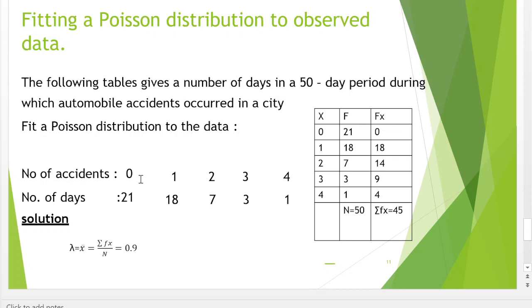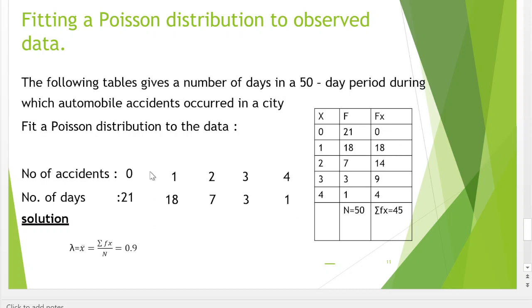Here the number of accidents 0 indicates there are no accidents: 21 days with no accidents in the 50-day period. 1 accident happened in 18 days, 2 accidents happened in 7 days, 3 accidents happened in 3 days, 4 accidents happened in 1 day. This is the data we have. The x takes the values 0, 1, 2, 3, 4. The corresponding frequencies are given in the question.